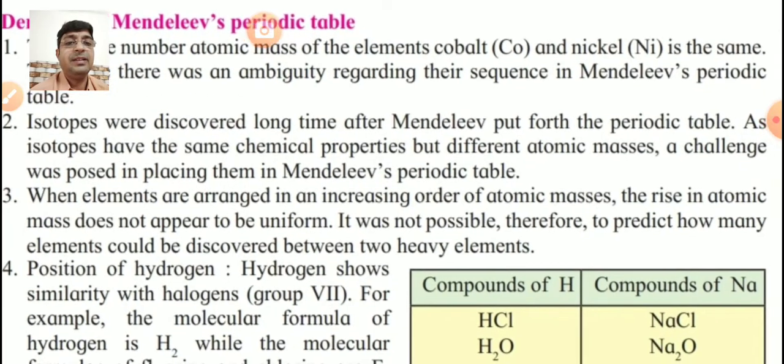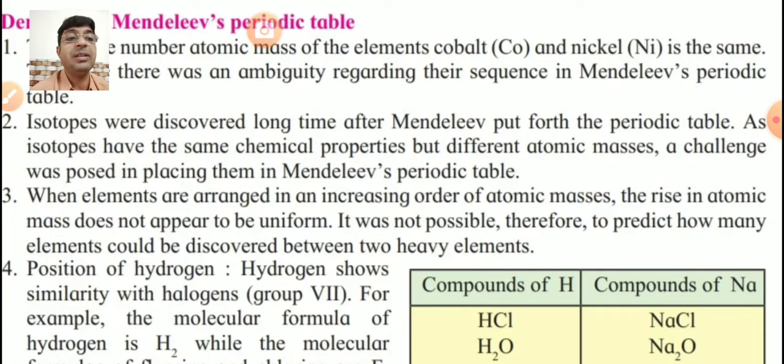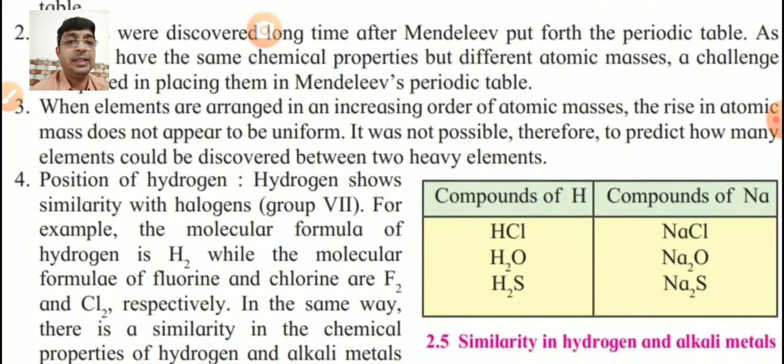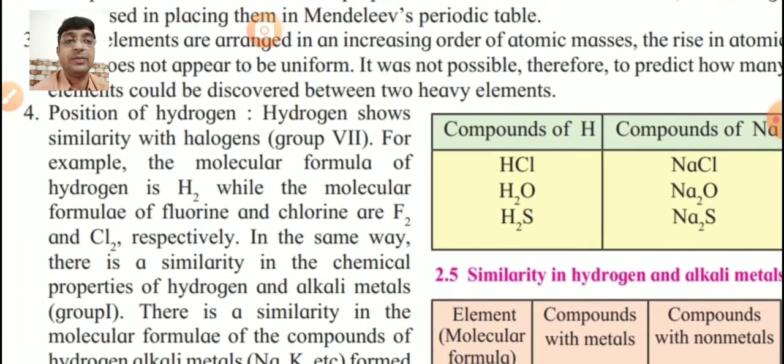Third demerit: when elements are arranged in increasing order of atomic masses, the rise in atomic mass does not appear to be uniform. It was not possible, therefore, to predict how many elements could be discovered between two heavy elements. Fourth demerit is given, position of hydrogen.